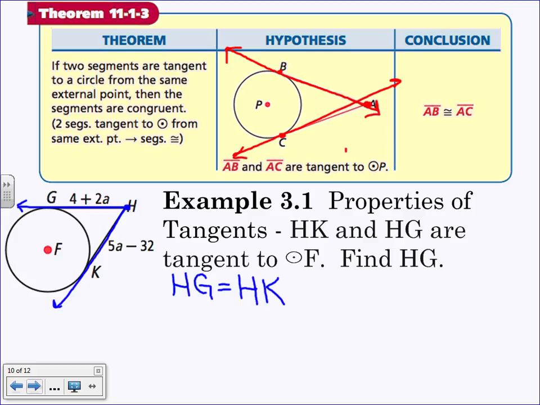And from here, we'll do the same thing we've done with every problem all year: set them equal to each other. So for HG, we're going to substitute in 4 plus 2a. For HK, we're going to substitute in 5a minus 32. We're going to solve the equation. So Jennifer, what's the first thing you want to do?